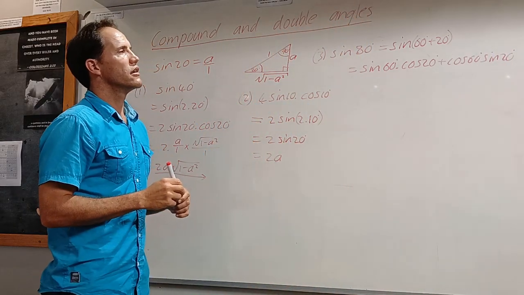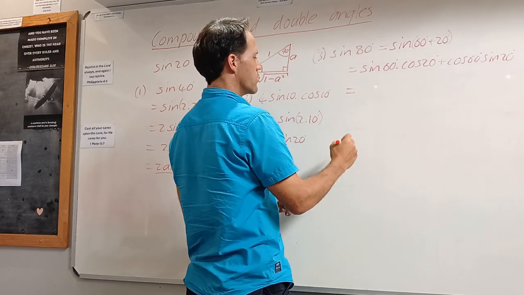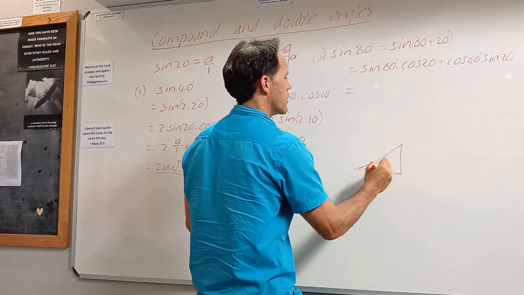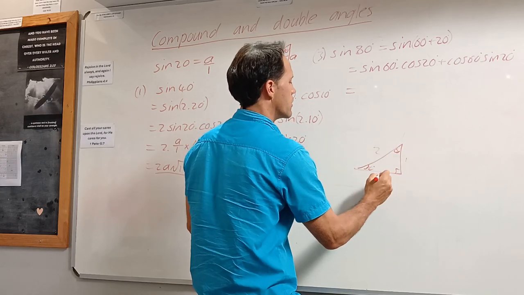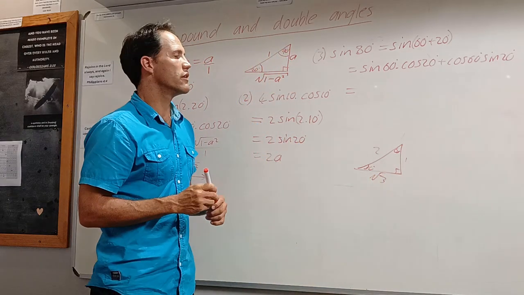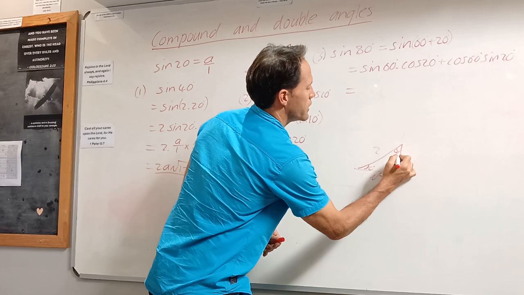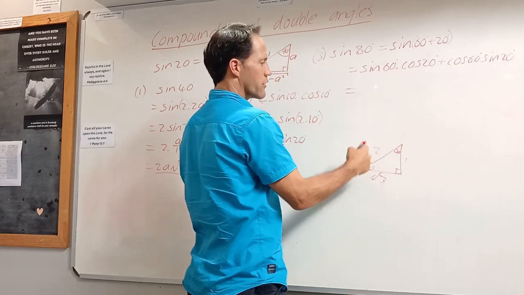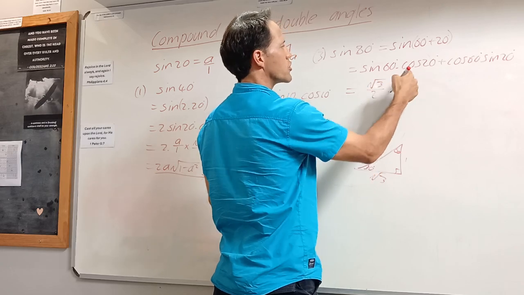Okay. And then obviously sine 60, if you think of the special triangle, 30, 60, 90, with sides 1, 2, square root of 3. Then we have our 30 degrees and 60 degrees. Then sine 60 is square root of 3 over 2, times cos 20.